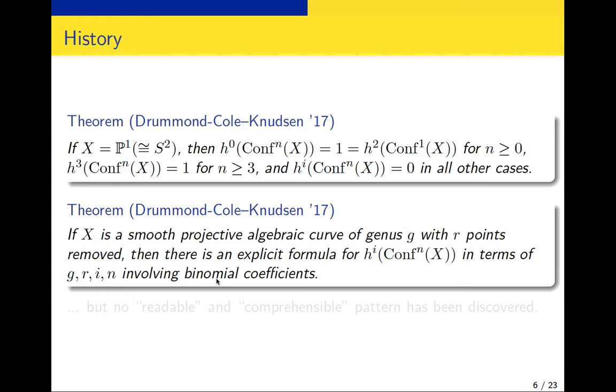And now the problem is that no readable and comprehensible pattern has been discovered, as the authors admit. So our goal here is to find some nice generating functions that hopefully summarize these numbers in a nicer way.